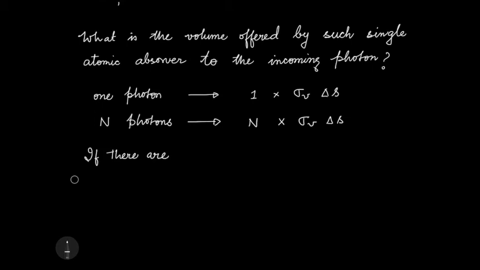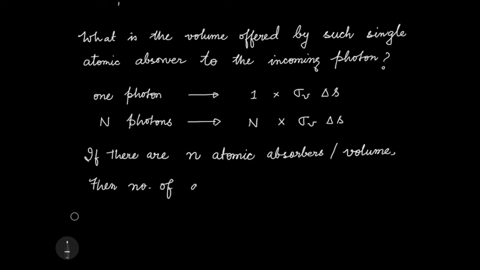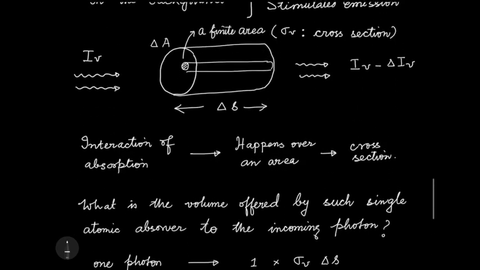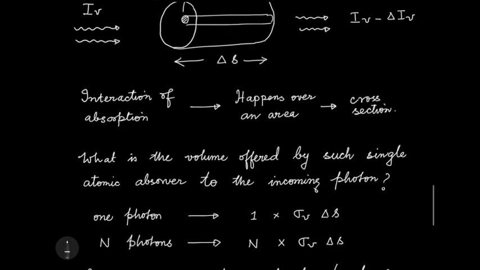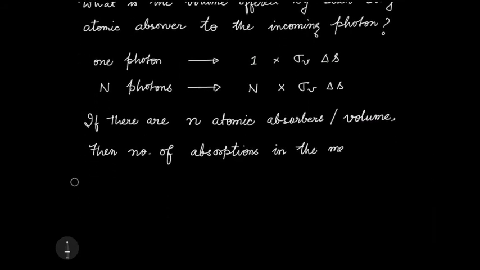So if there are n atoms, or n atomic absorbers, per unit volume, then the number of absorptions in the medium, in the medium that we are talking about, that medium of length delta S, the cross sections are sigma nu, etc.